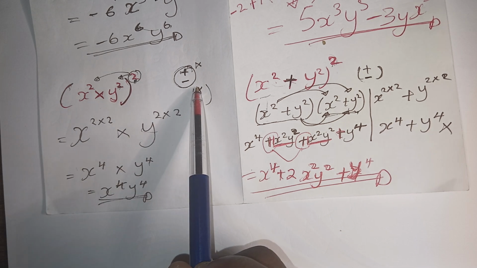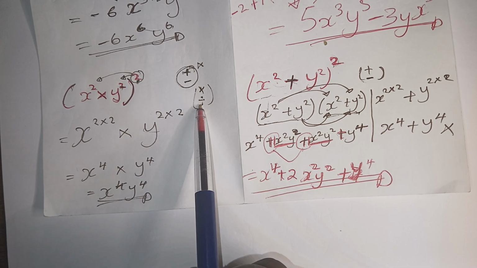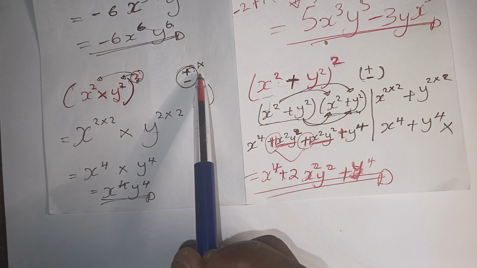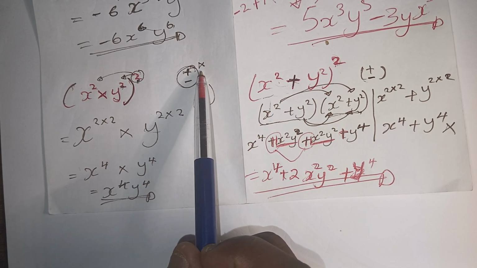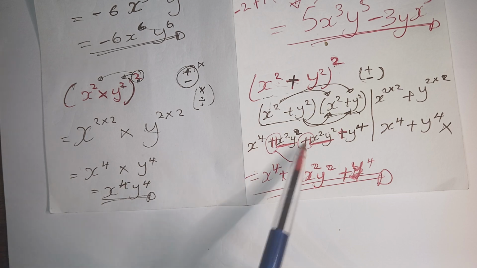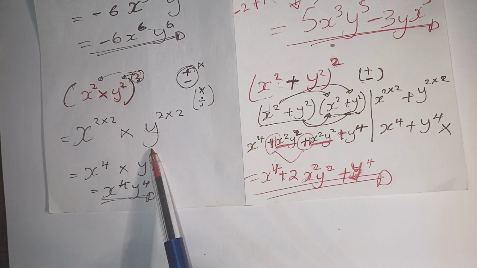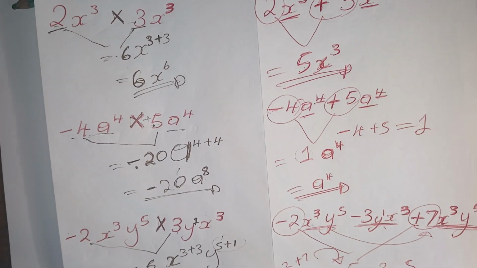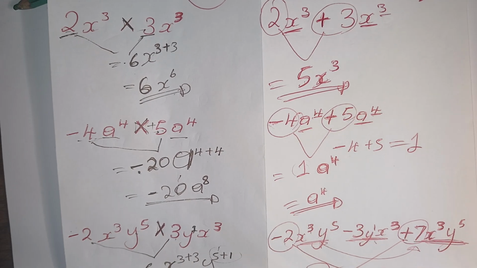If there is multiply or divide, you can apply the law. But now if there is plus or minus, you don't apply the law, guys. What you do, you expand. Yeah, I hope, guys, you did understand the difference between this one and that one, and you also recognize the difference here. So all the best, guys.